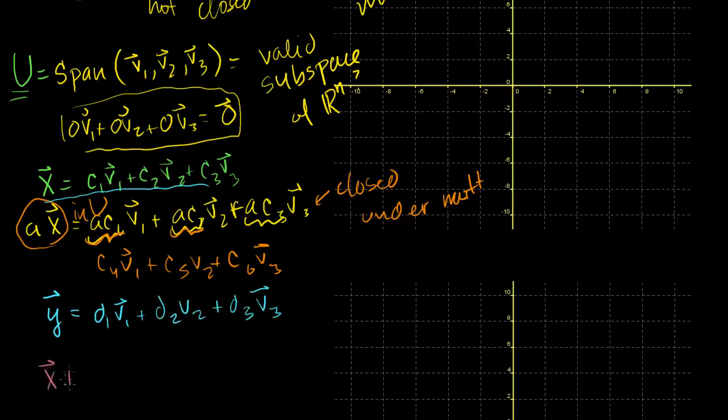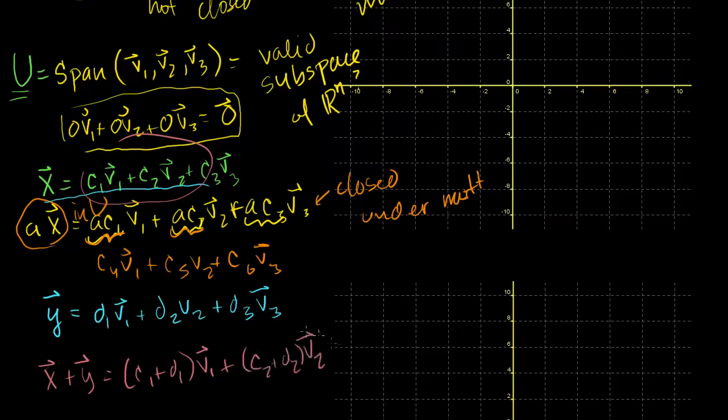Now what is x plus y? If I add these 2 vectors, what are they equal to? Well, x plus y means all of this stuff plus all of this stuff. If you add these together, you get c1 plus d1 times v1, plus c2 plus d2 times v2, plus c3 plus d3 times v3.